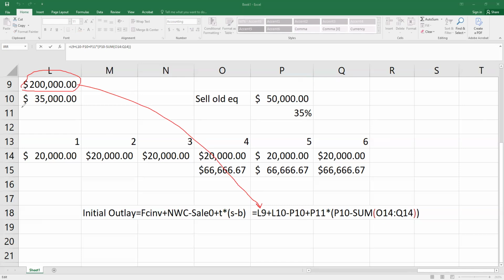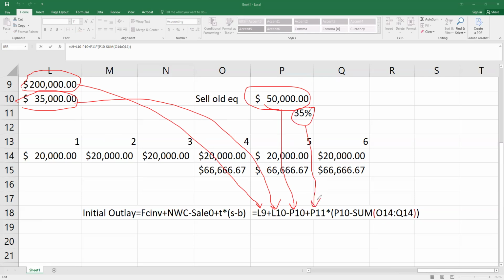This is my net working capital, which goes to here. This is the sale price that comes here. This is the tax rate. And I have my sale price again. And this is the book value, the summation of these three values for the remaining 3 years.